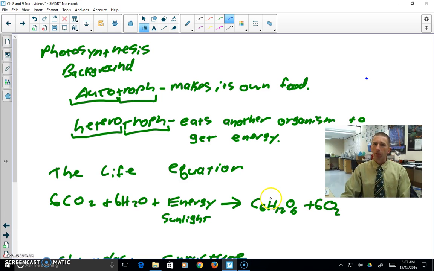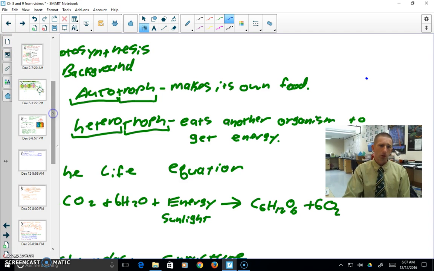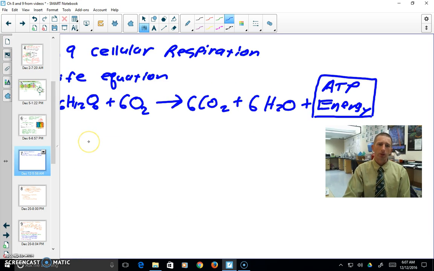But most of it goes into a tissue called the phloem. You can remember this, food flows down, right? And it goes down into the trunk and down into the roots because the cells down there, even though they're plant cells, they don't do photosynthesis and they need sugar, right? So plants, autotrophs, do cellular respiration and photosynthesis. Heterotrophs just do cellular respiration. So really, when we talk about cellular respiration, we're talking about all of life.